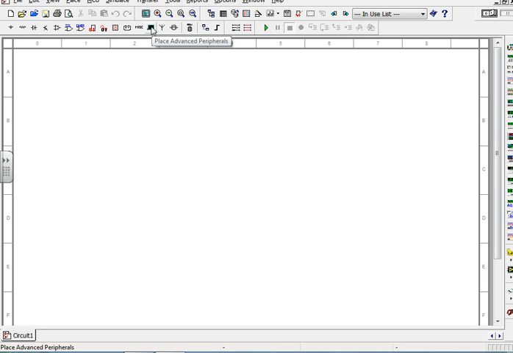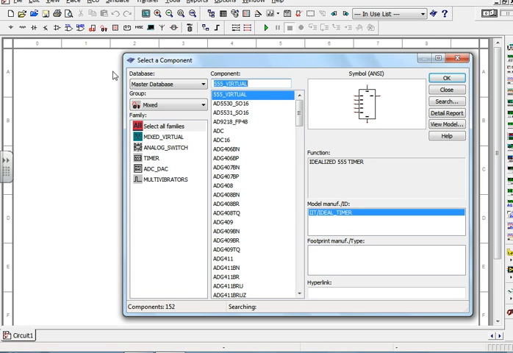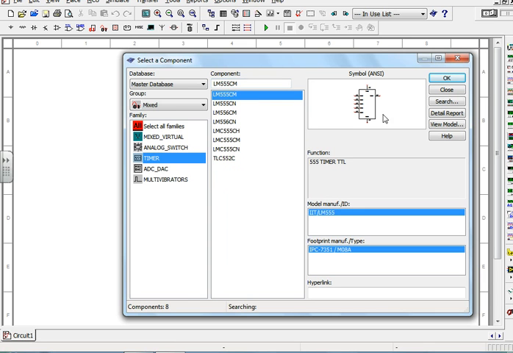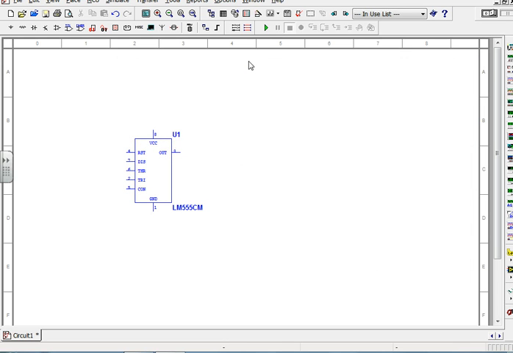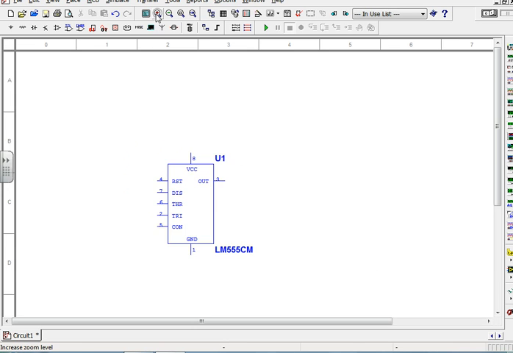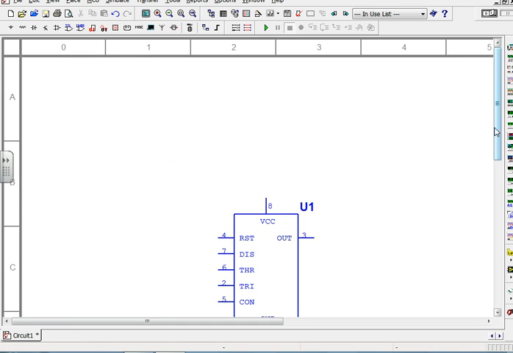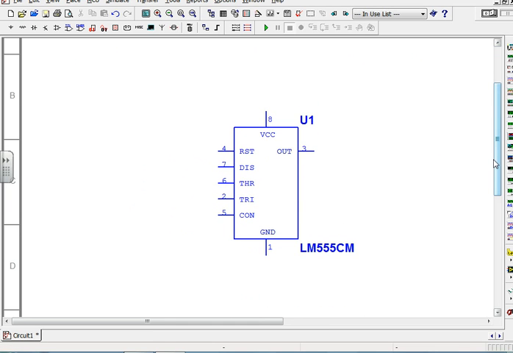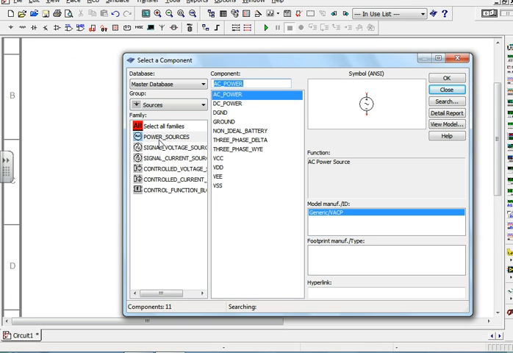Electromechanical, RF, advanced peripherals, miscellaneous, power components, indicators, mixed. Guys, 555 timer. Oh, yes, we found the 555 timer. Now, we seem to have a problem. I can't see the stupid 555 timer. Does it matter how many volts I put on it? Okay, so I got some voltage.